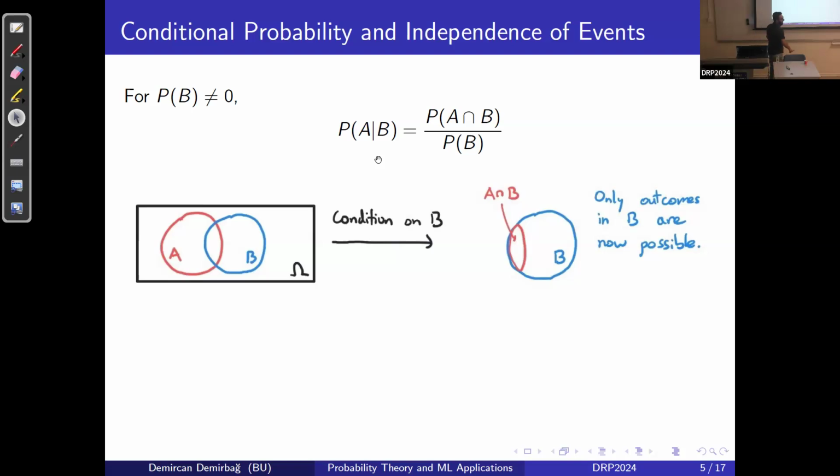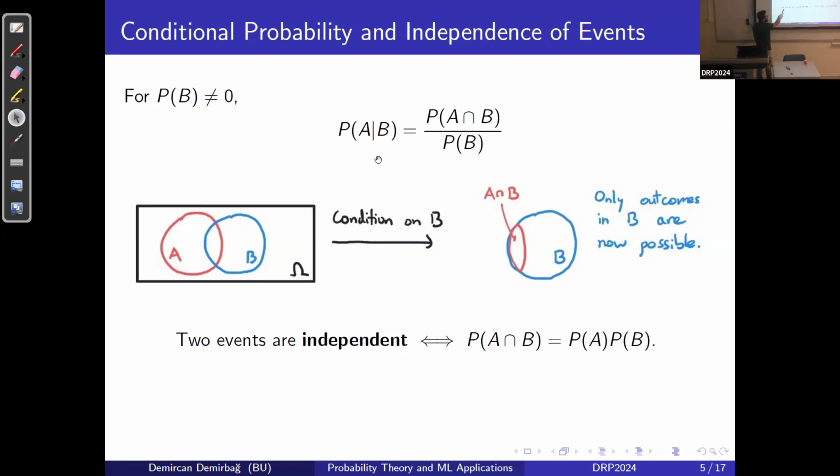The intuition behind this definition is that you restrict yourself to B, and you give zero probability to the events that are outside of B. You take the probability of events that are in both A and B, and you rescale them by the probability of B, so that again you satisfy the condition that the sum of all probabilities has to be one.